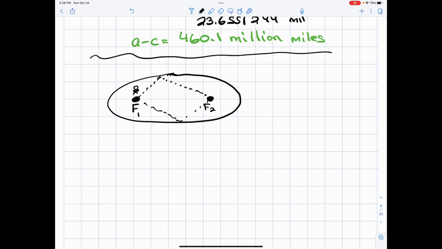So let's say that the ellipse has this equation, x squared over 40 plus y squared over 24 equals 1.